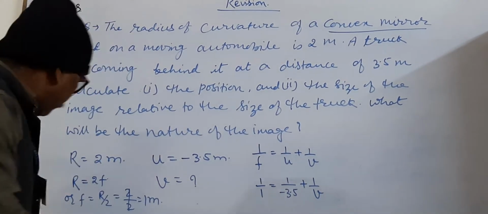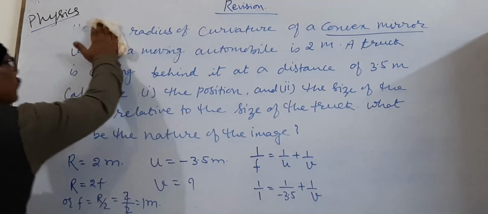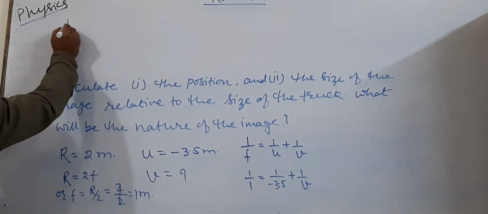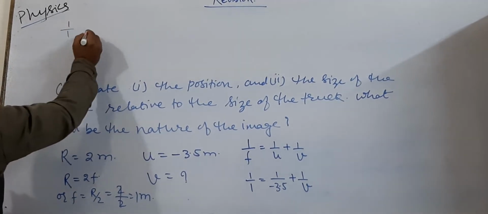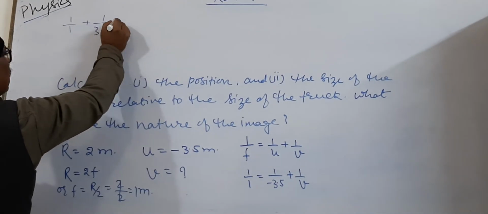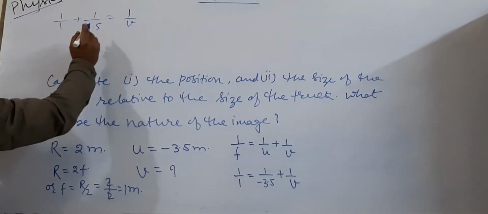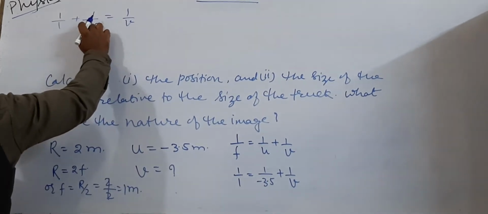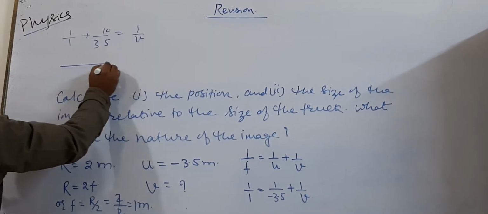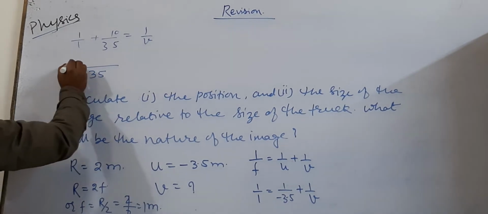Now see, it will be 1 upon 1 plus 1 upon 3.5 is equal to 1 upon V. Now you remove the point and put here 10. Now you take the LCM, 35.